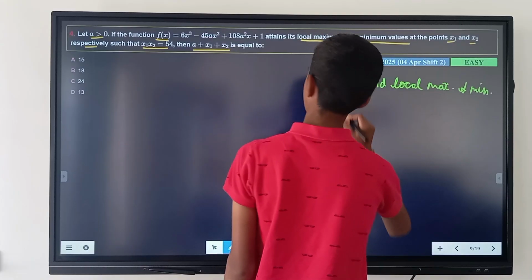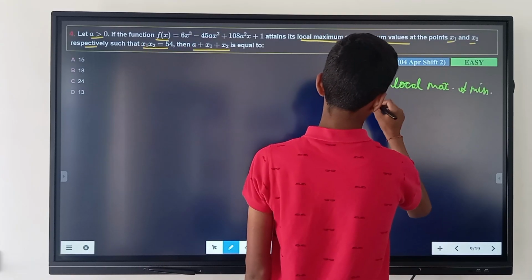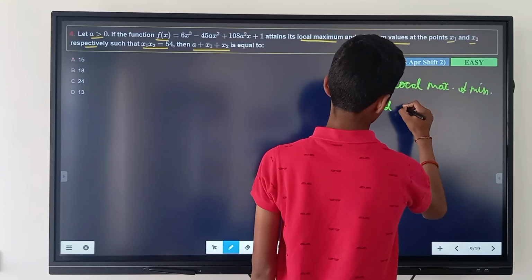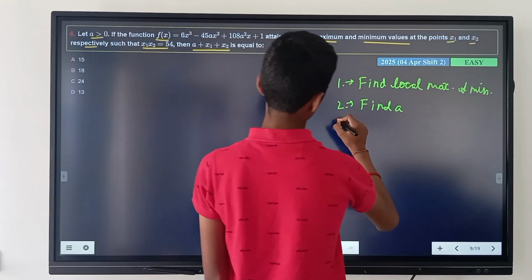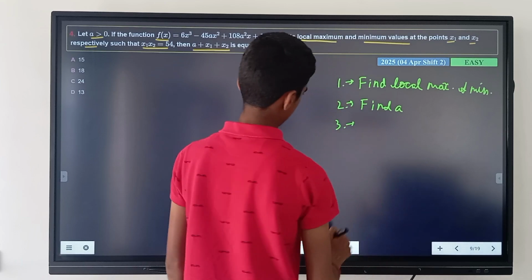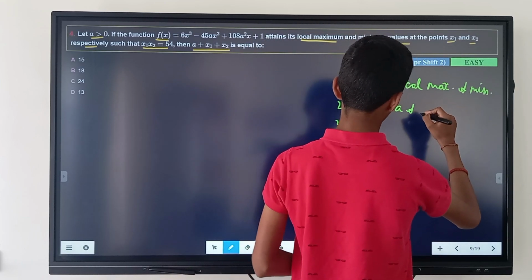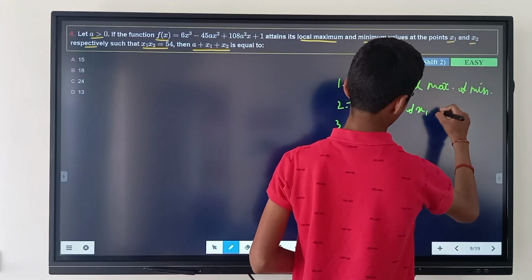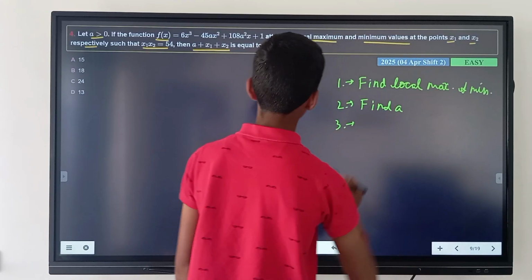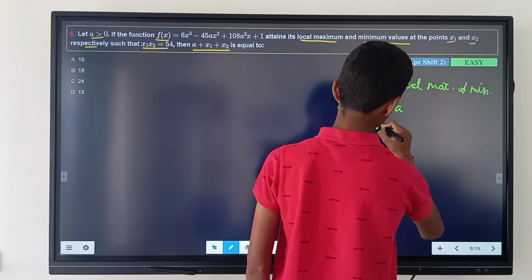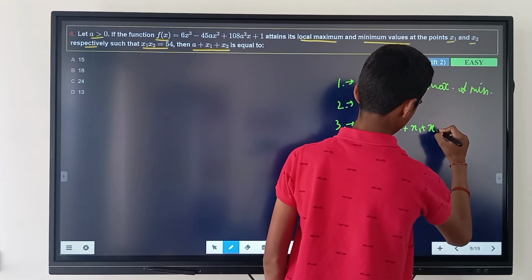This is very similar to the first question. Second step will be using the relation x1 x2 is equal to 54, find a. And the third step will be, after finding a, find a plus x1 plus x2.